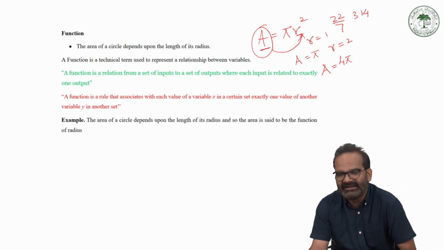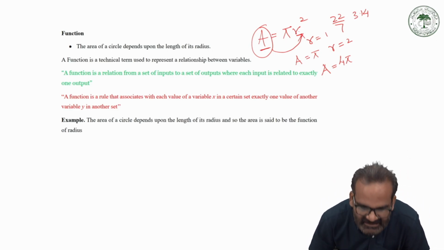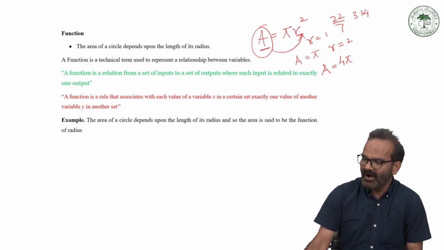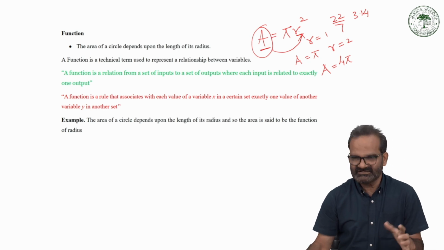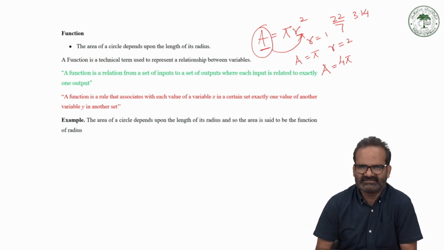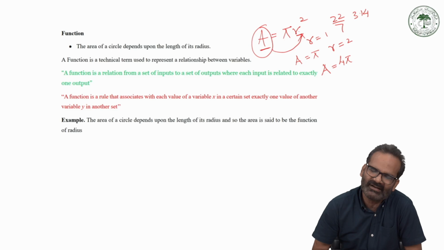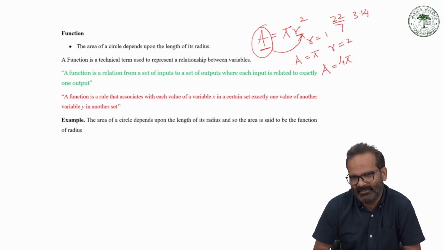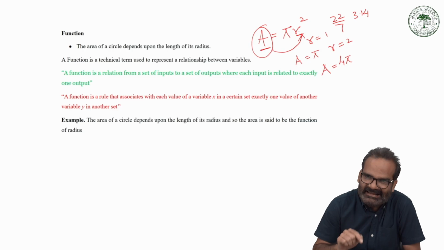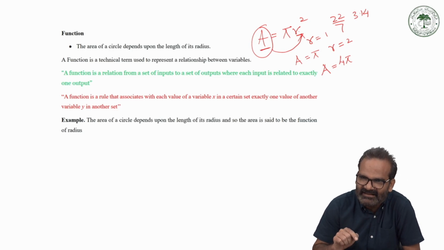So what does it mean? It means a set of inputs and a set of outputs. These two definitions are almost the same. You can understand any one of them. Input means, for example, let us take a practical example. If you are clicking a key on your computer, by clicking the key you are giving an input.